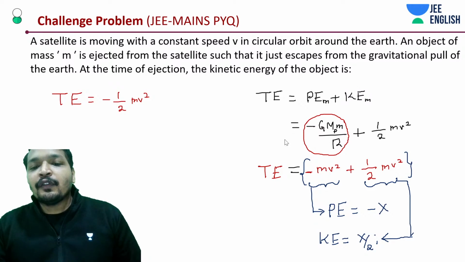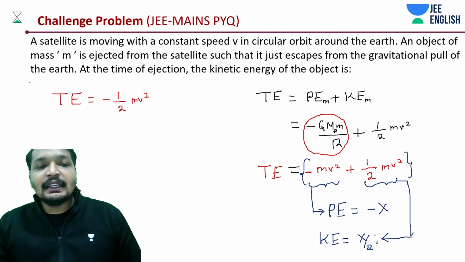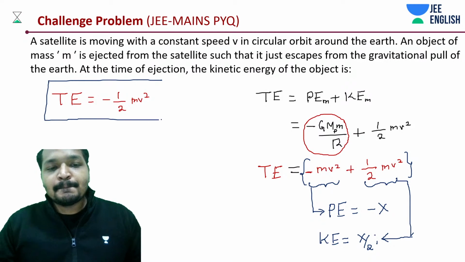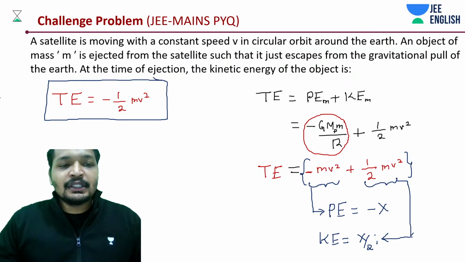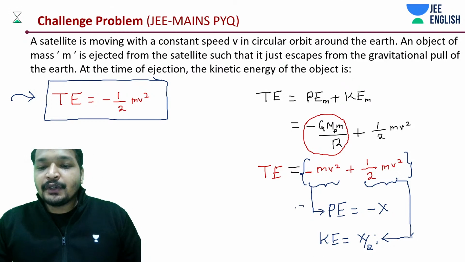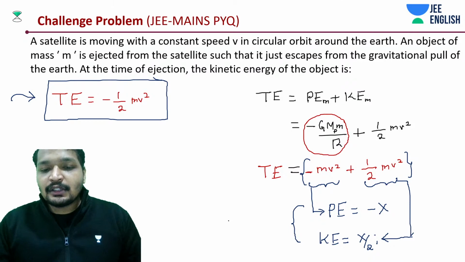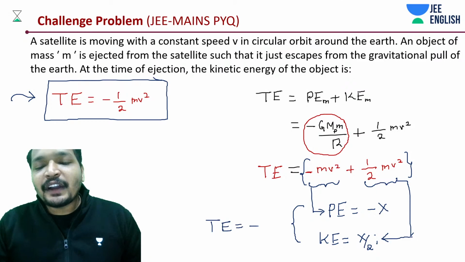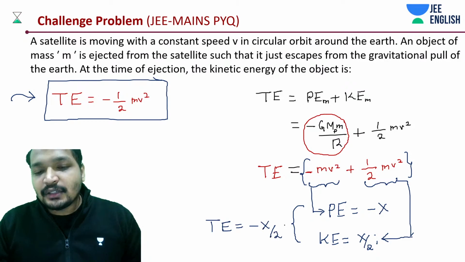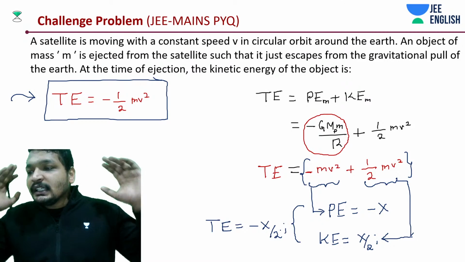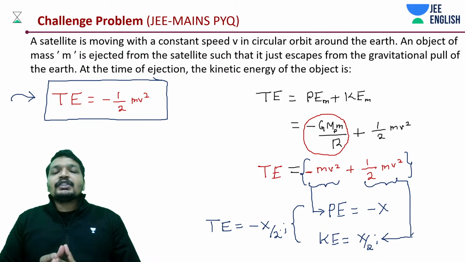You can work out for any given satellite motion system, you can find out this thing. Total energy is going to be minus that of kinetic energy, minus x by 2. This is universally going to be always true.